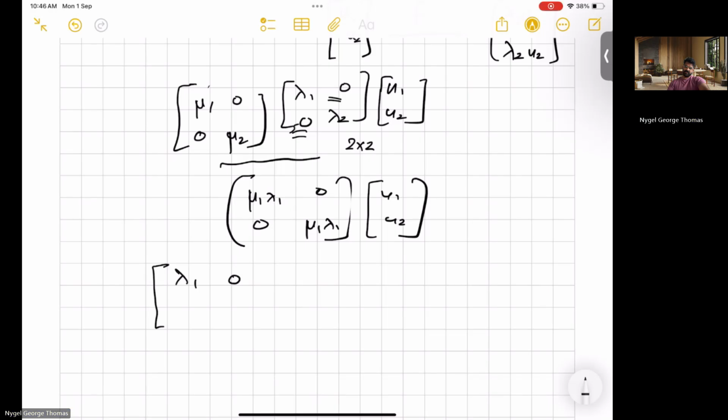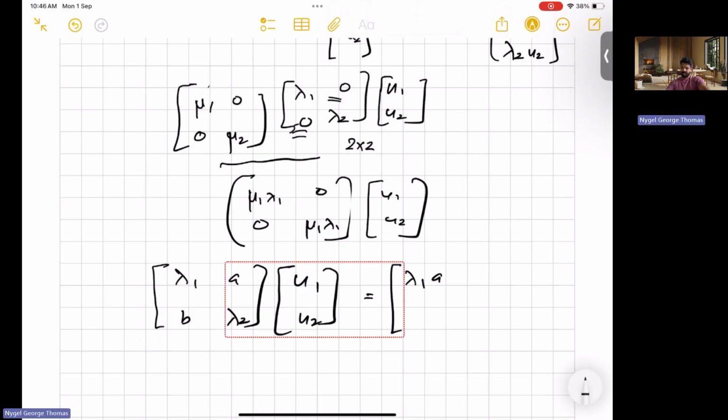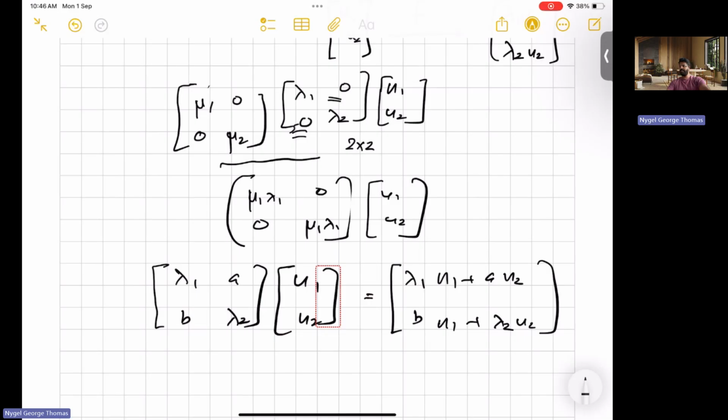And another important question is what if this value is not 0? Let's say we have another A here, B, lambda 2. And if we do this matrix multiplication to this particular vector, what are the resultant vectors? Lambda 1 u1 plus A times u2, B times u1 plus lambda 2 times u2.